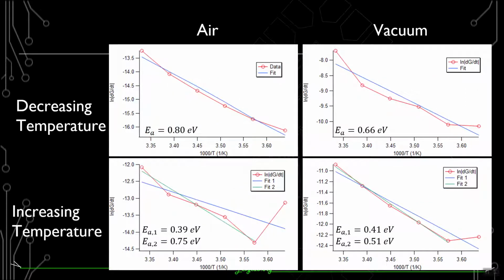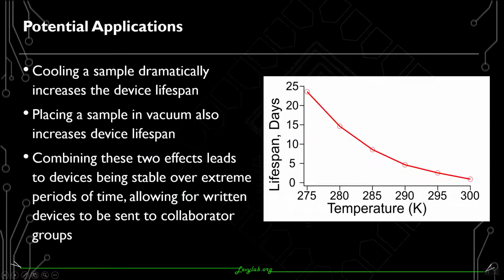When we look at the activation energies, we see that for tests done in air, we see activation energies on the scale of approximately 0.75 to 0.8 eV, whereas in vacuum we see significantly lessened activation energies. So we'd like to mention that because of this, we're able to cool a sample to dramatically increase the device's lifespan, even through very modest cooling.